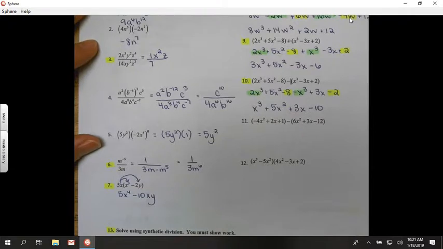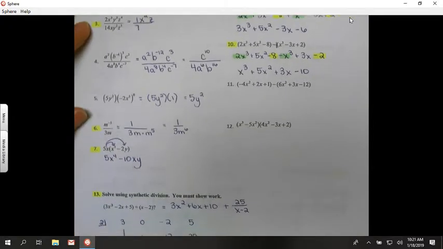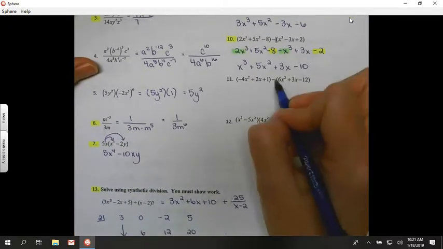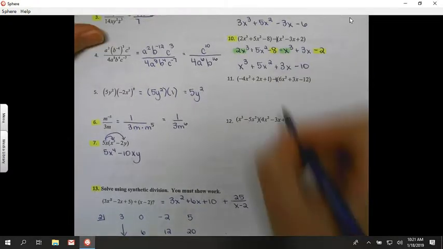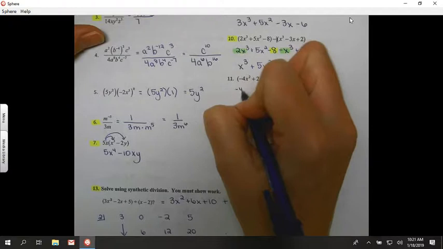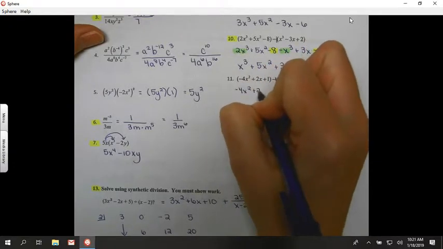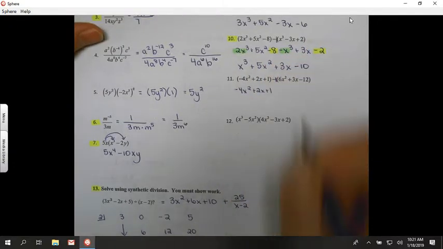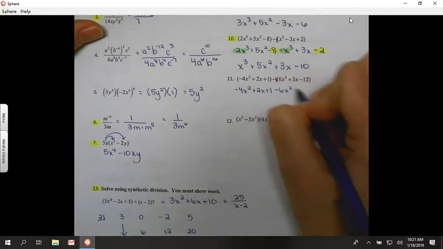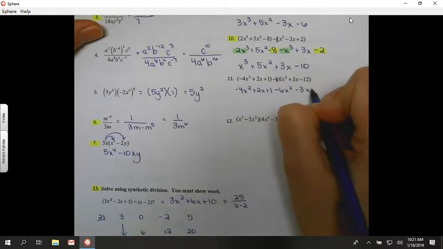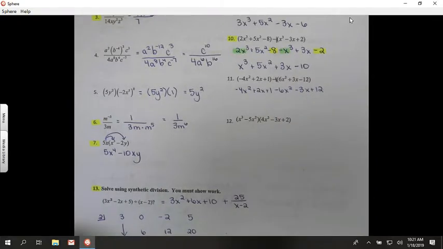Okay? All right, let's go over to the other side and look at number 11. So again, since I'm subtracting in between, I'm going to treat that like a negative 1, and I'm going to distribute. So my first terms don't change, but now I'm going to distribute that negative. And now I'm going to look for like terms.